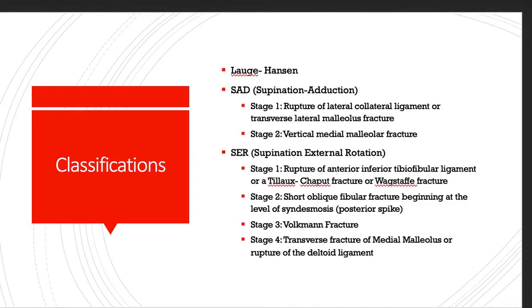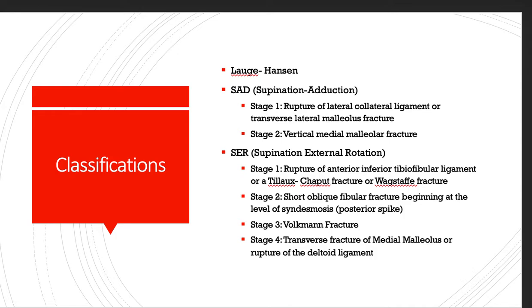Then we go on to the next category of Lauge-Hansen, which is supination external rotation, also known as SER. This is the most common mechanism of injury for ankle fractures.